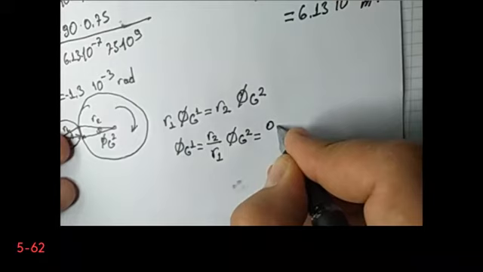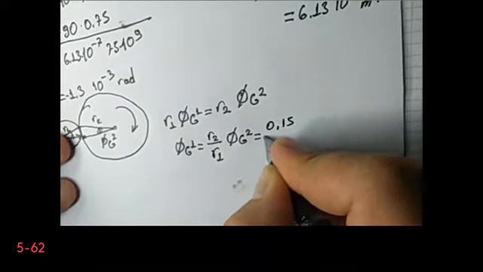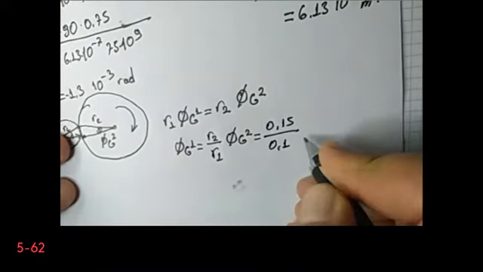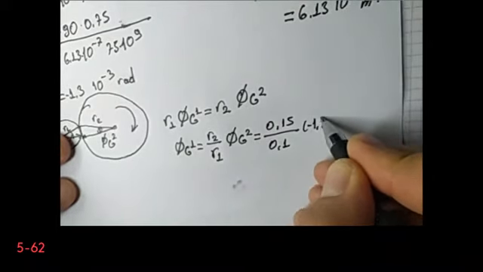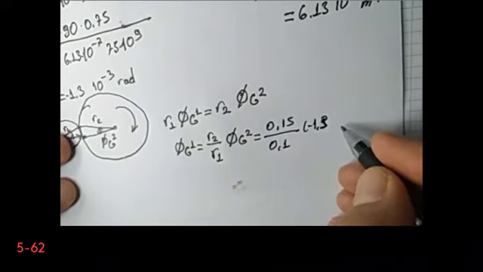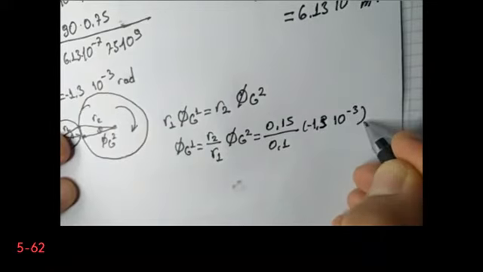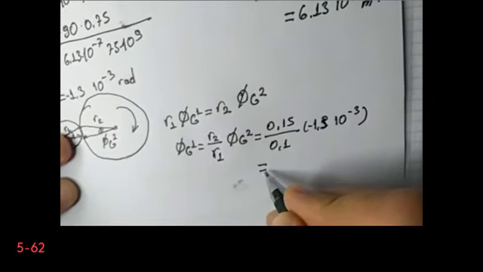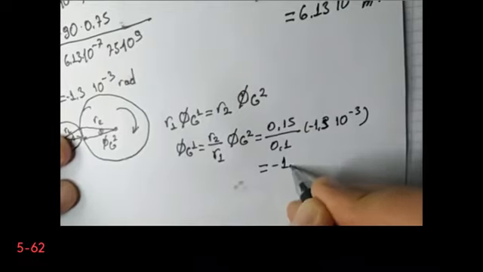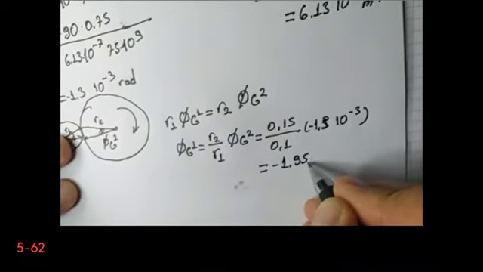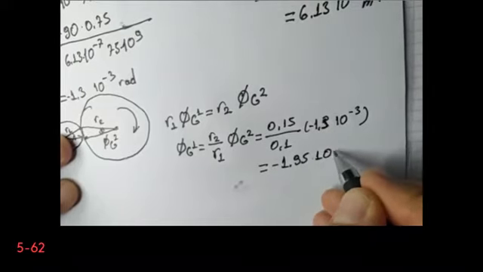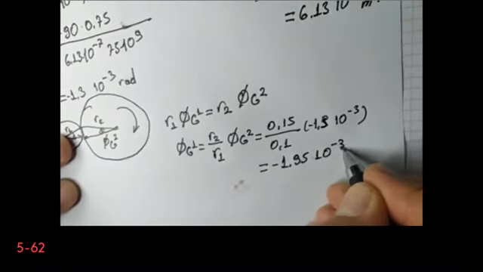So I know all the values. You can put the values, in fact. So R2 is equal to 0.15, R1 is equal to 0.1, and this is equal to minus 1.3 10 to the power minus 3, which gives me a value of minus 1.95 10 to the power minus 3.